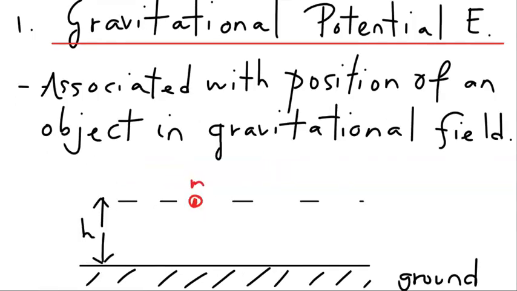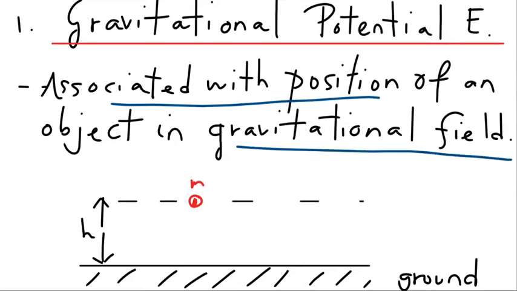Let's first look at gravitational potential energy. Now we know it's associated with position, and indeed it is associated with the position of an object in a gravitational field, such as an object shown here, an object with mass m at a height of h meters from the ground.